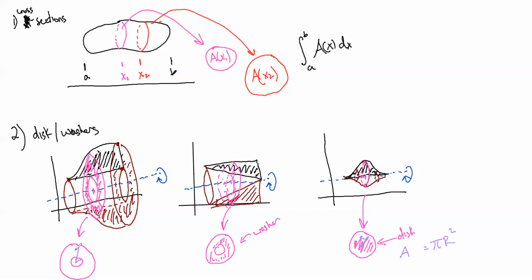The area of the big circle, which we'll denote with a big R, minus the area of the little circle, which we'll denote with a smaller radius, little r. And so that just becomes area equals pi times the big R squared minus pi times the little r squared. So in essence, we're using the same formula from above. We're just doing it in which the area is explicitly these areas of circles.